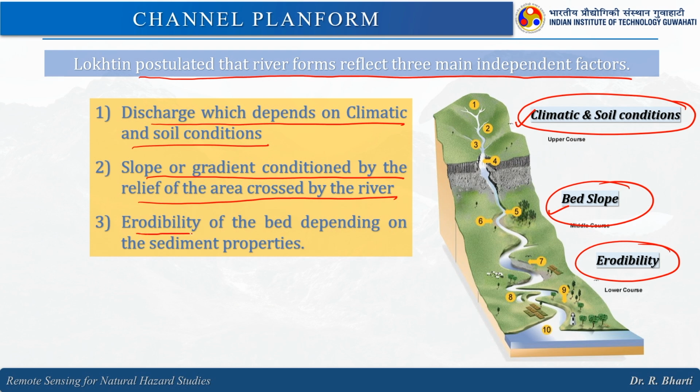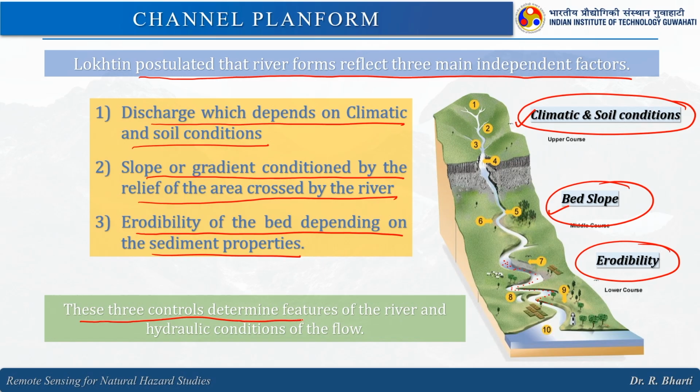Then comes the erodibility of the bed depending upon the sediment properties. What kind of sediments are present in this water will decide and actually cause this erosion, right. These three controls determine features of the river and hydraulic condition of the flow. So these three are very important.